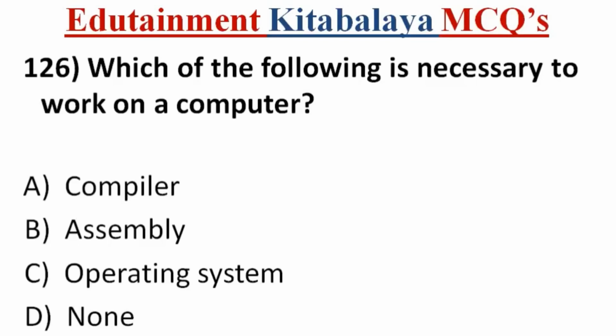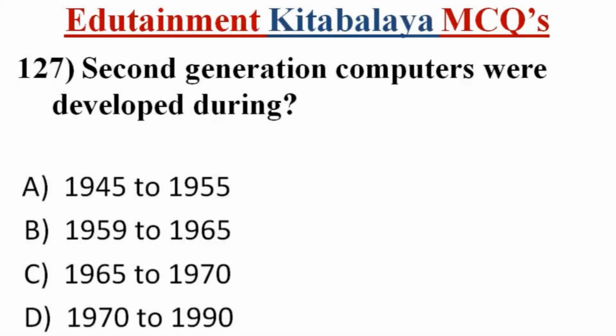Question number 126. Which of the following is necessary to work on a computer? A. Compiler. B. Assembly. C. Operating system. D. None. Correct answer is C. Operating system. Question number 127.